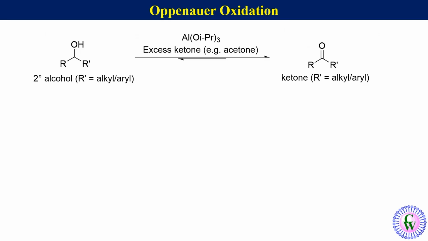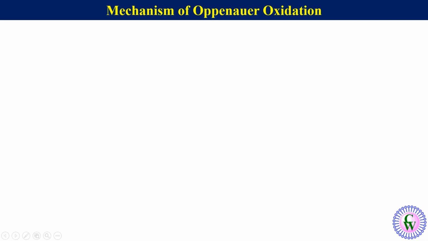This reaction is just opposite of Meerwein-Ponndorf-Verley reduction. This oxidation is not generally used for the oxidation of primary alcohols due to competing aldol condensation of formed aldehyde product. Mechanism of Oppenauer oxidation.